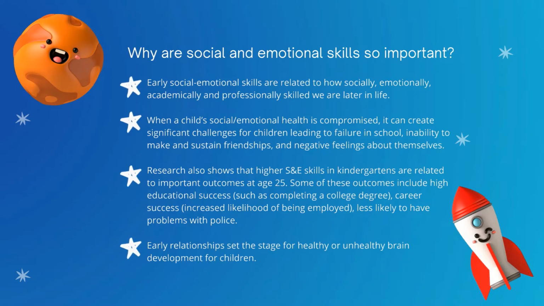Some of these outcomes include high educational success, such as completing a college degree, and career success, such as an increased likelihood of being employed, and they are less likely to have problems with the police. Early relationships set the stage for healthy or unhealthy brain development in children.